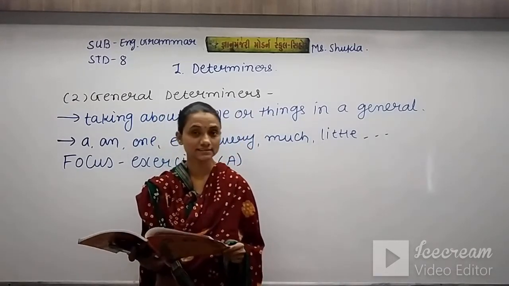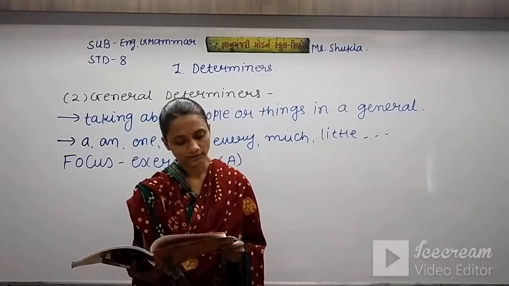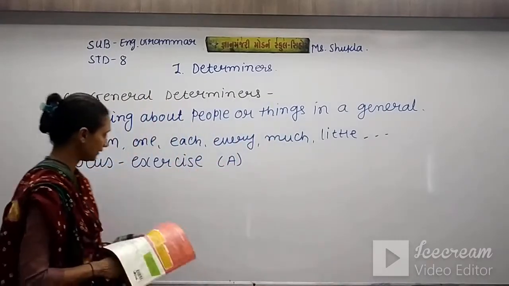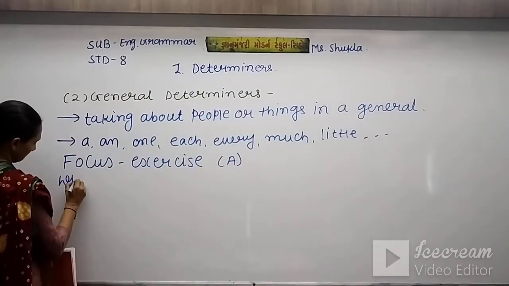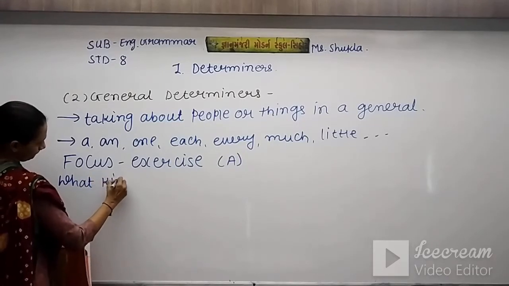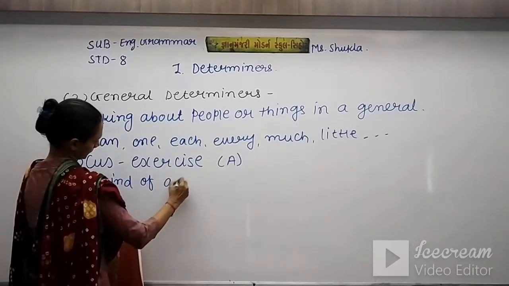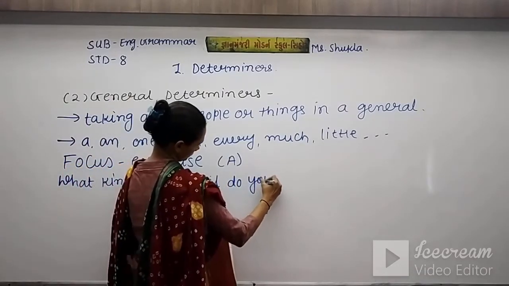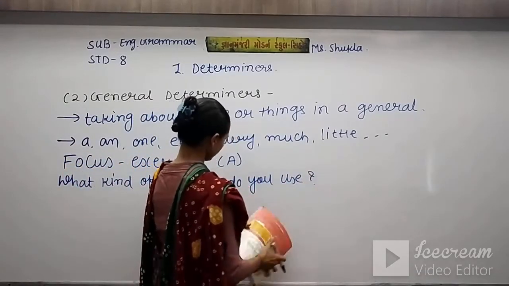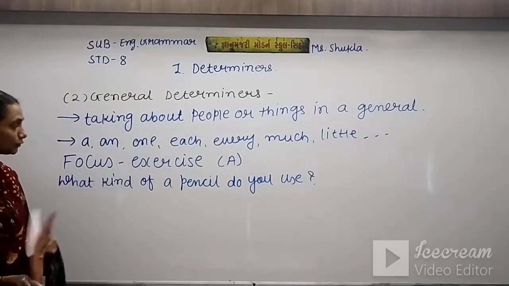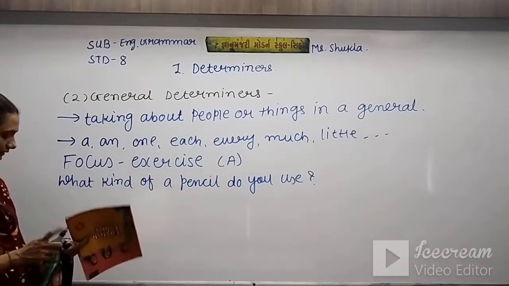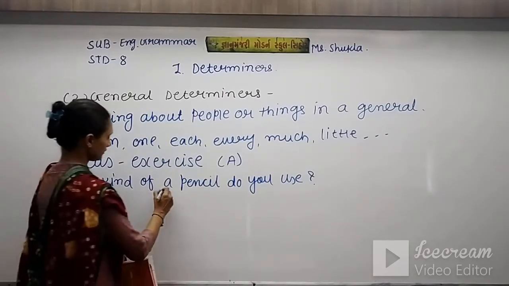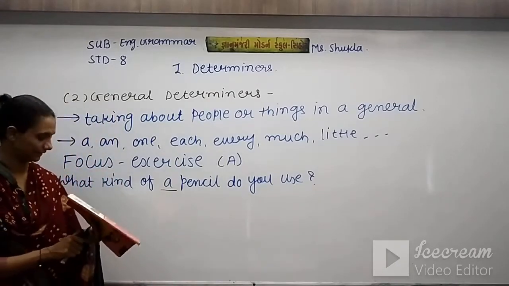Sentence number 1: What kind of a pencil do you use? Okay, first sentence we have. So do we have a determiner here? Yes, we do, and our determiner is this: you have to underline the article a.